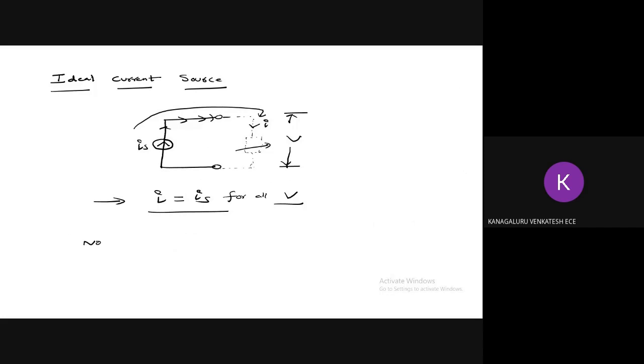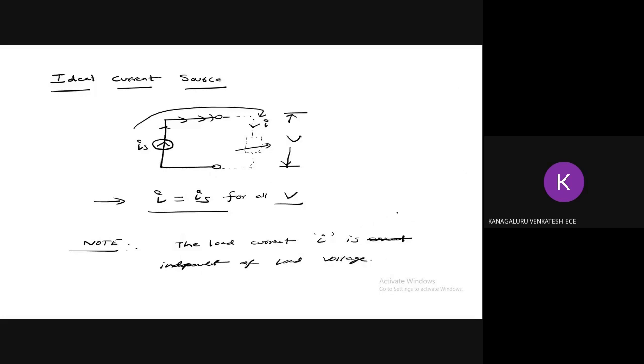So I can say that in case of an ideal current source, the load current, let it be I, is always independent of the load voltage.